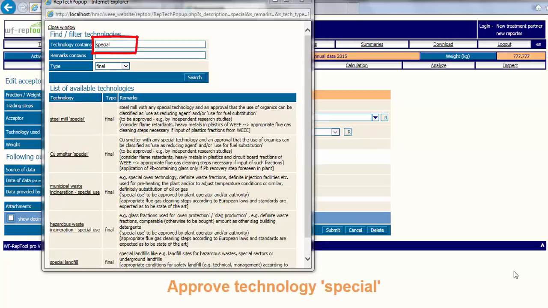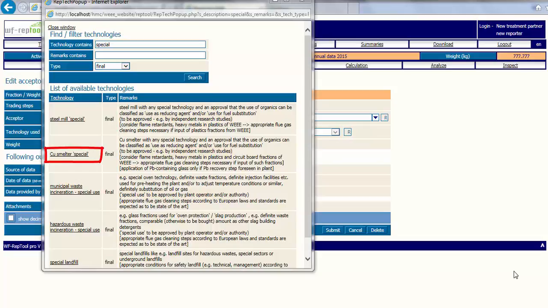One important issue for choosing a final technology is approved technologies called special. For technologies called special, you should read the remarks that an approval for this classification of a technology as special is asked. The case most often used is to choose the copper smelter special. What does that mean?